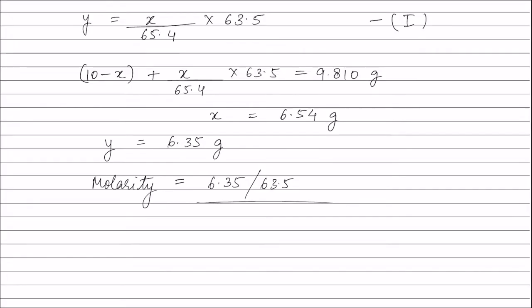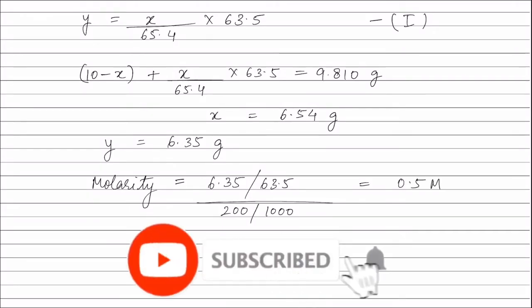Now volume of solution is given as 200 milliliters. Therefore volume of solution in liters will be 200 divided by 1000 liters. Solving this equation, the molarity of copper sulfate solution is equal to 0.5 M.